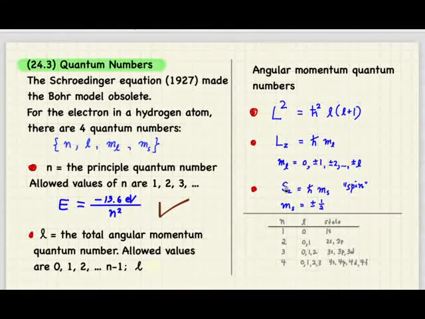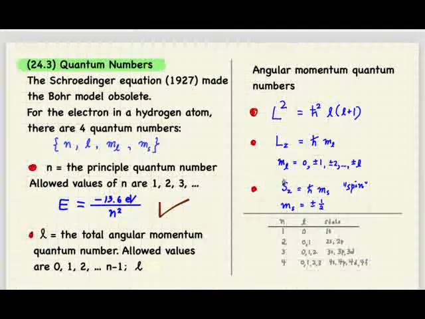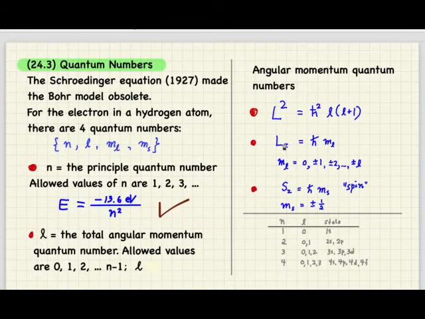Now, there's another kind of angular momentum intrinsic to the electron. This is orbital angular momentum, the angular momentum associated with the motion of the electron in space. But internal to the electron, there's an angular momentum called spin. And again, it's quantized in units of h bar.